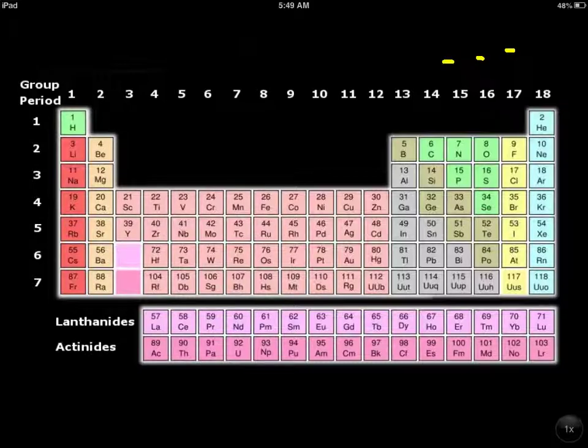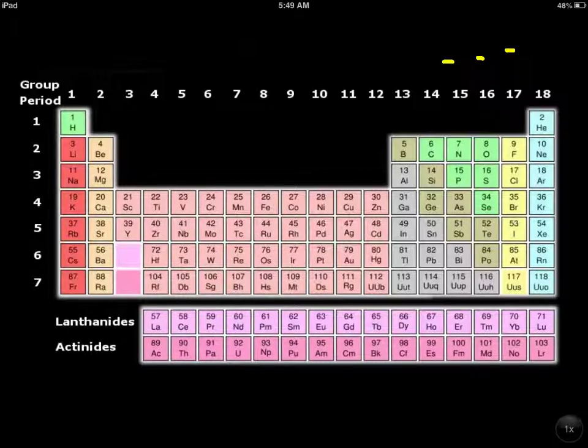Because of electron affinity and the amount of energy required to remove electrons, groups 15, 16, and 17 are less likely to lose electrons, but are more likely to gain electrons.